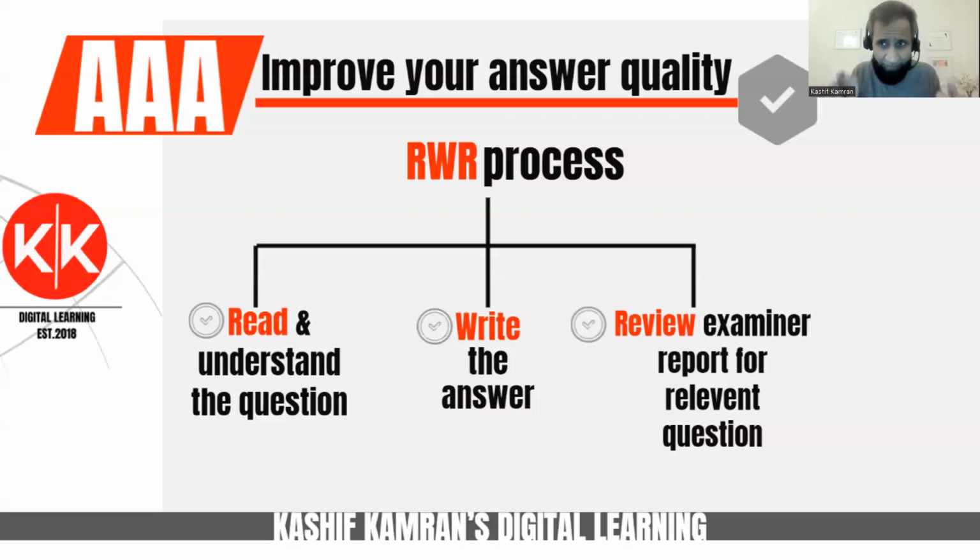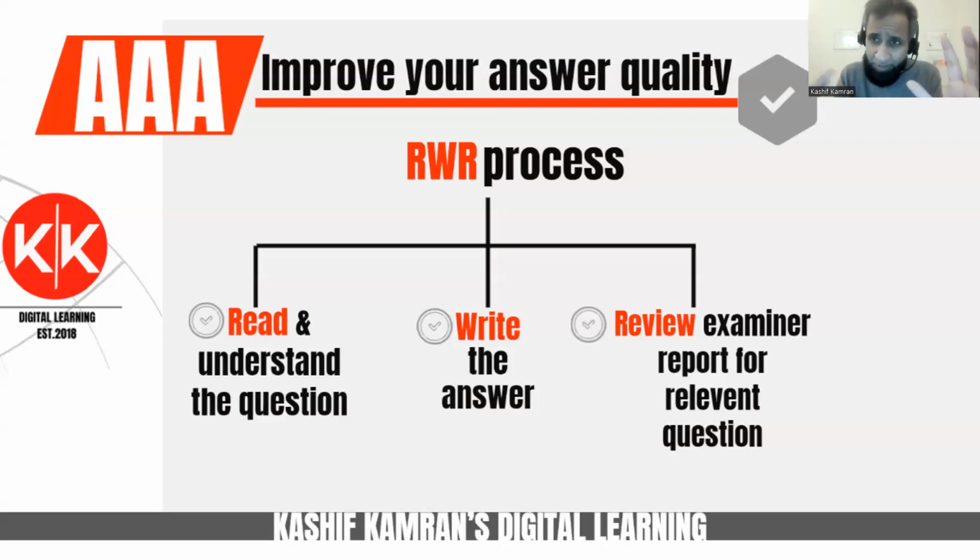So wherever you have done that well in your answer, give yourself +1, for example. Wherever you have done something wrong and the examiner is saying this was done wrong by the student, and you say, oh, I have done this as well, give yourself -1, just to see where you're going good and where you're going bad. There is no negative marking, but just for the sake of guidance, I'm saying, okay, +1, -1. So you know, okay, this point will not be marked, or you can give yourself a 0.